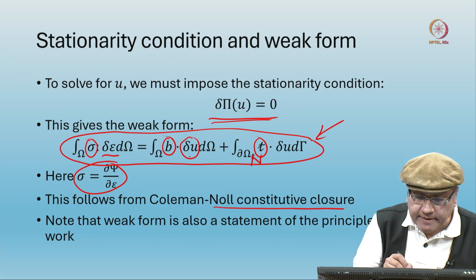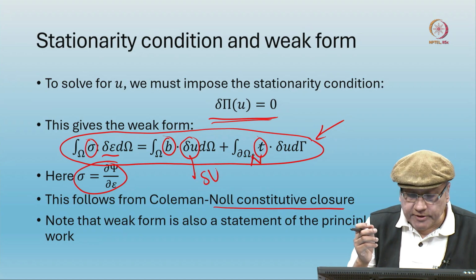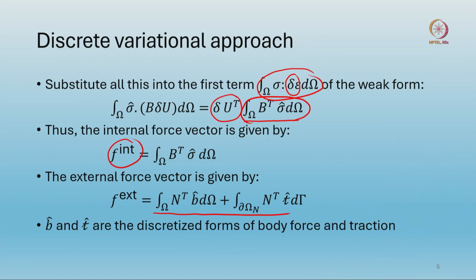If you replace this delta U by this delta capital U appropriately upon discretization, you finally come to an expression for F external forces, which produces the external virtual work through delta U transpose F external. So the expression for the external force is just here.